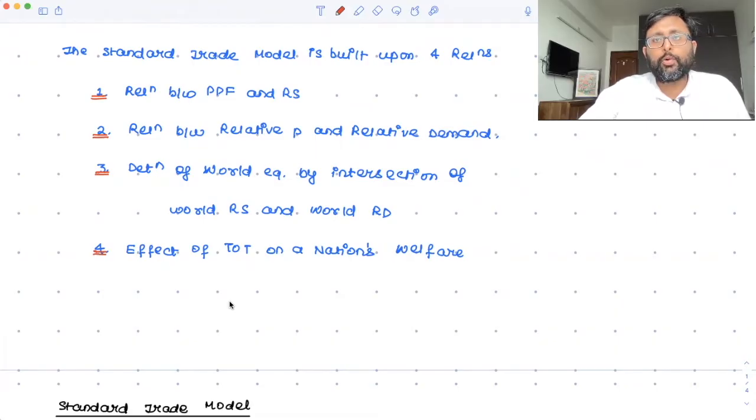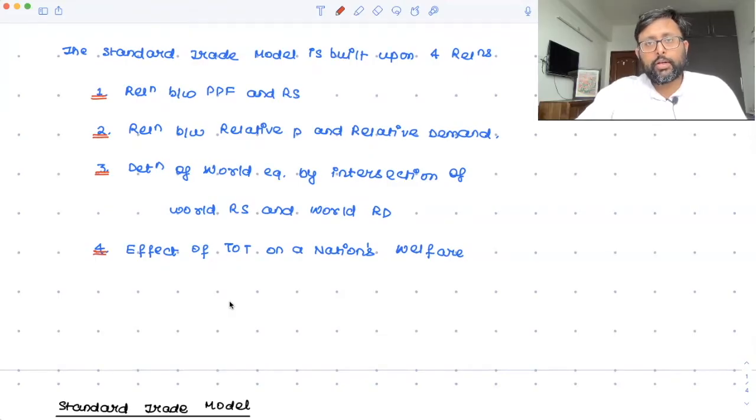We want to talk about how a few countries are growing at a very rapid pace. So what is driving that? Is it the comparative advantage? So we want to look at the Ricardian model there. So we'll try to answer things in terms of the standard trade model. And then for the specific questions, we'll go to the specific models, whether Ricardian, Heckscher-Ohlin, or specific factors model.